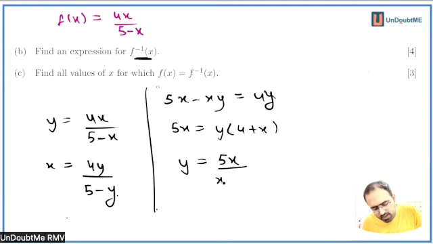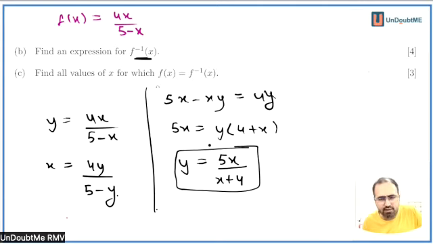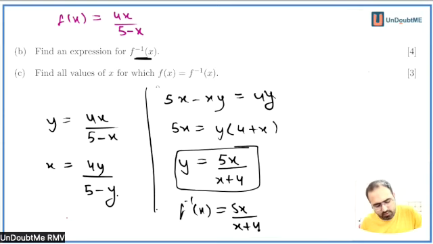Four plus x, it is better to write as x plus 4. It's not different, but psychologically we are more accepting towards x plus 4. So f inverse is 5x over x plus 4.